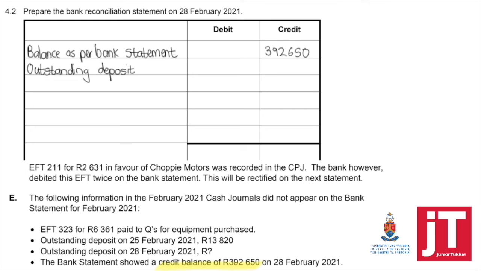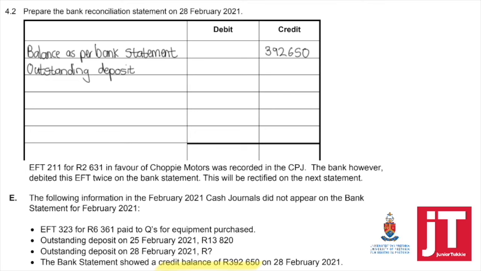Normally, they ask you to calculate the balance as per bank statement, which will be the balancing figure, or calculate the balance as per bank account, which will be the balancing figure if they didn't ask you to complete the new updated bank account. And now they've asked you to calculate the outstanding deposit. So this will become the balancing figure.